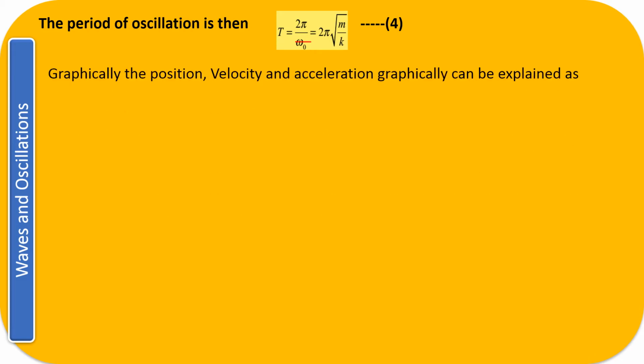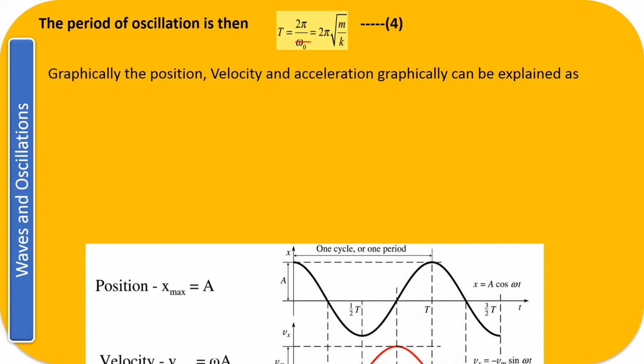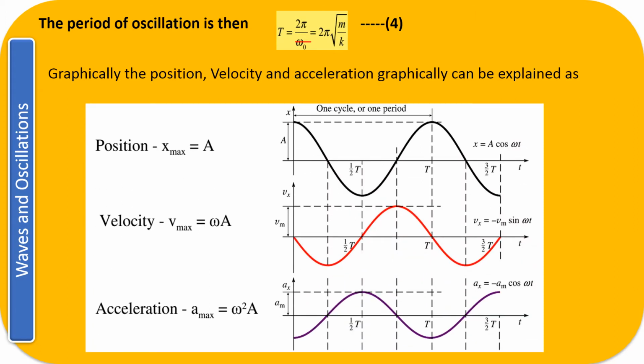Anyway, before I go over there, first let us see the graphical representation of the position that we have seen in the previous slide, the velocity that we have seen, and the acceleration that we have seen. So position is x equal to a cos omega naught t, and this is your graphical representation for position.